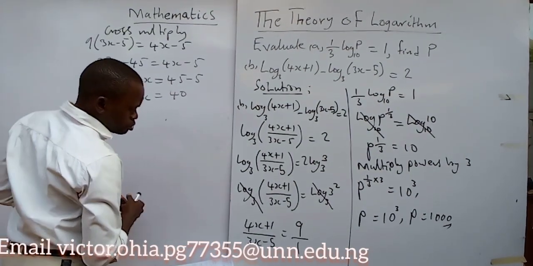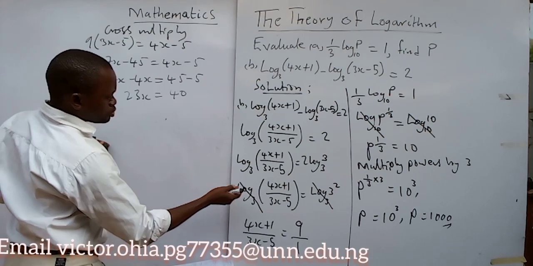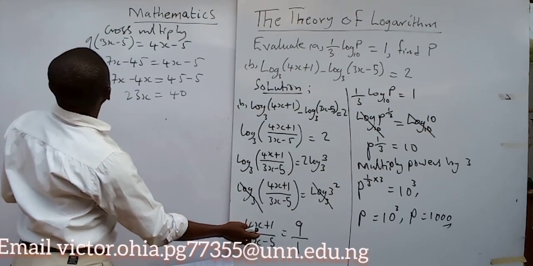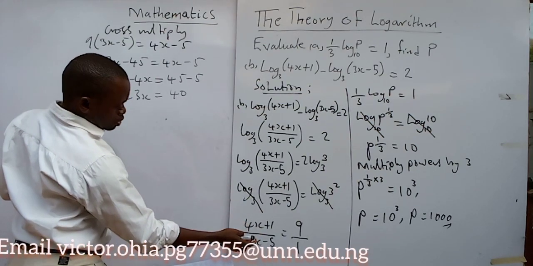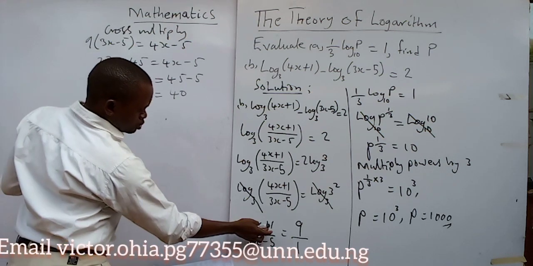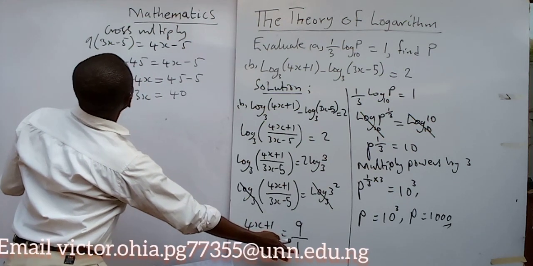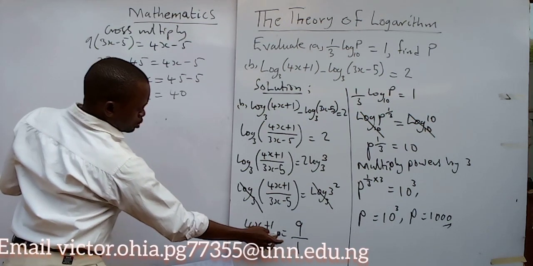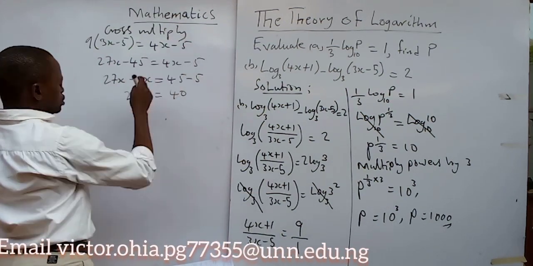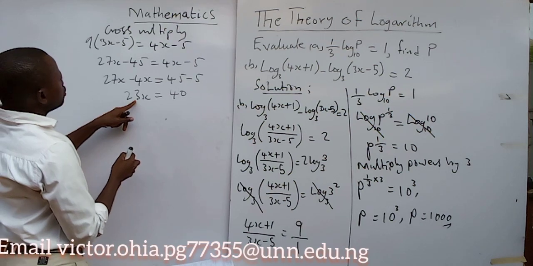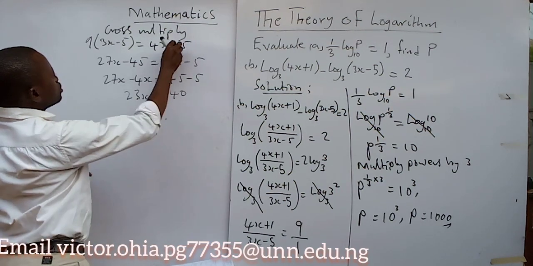Let me be certain with the operations I have carried out. Cross multiplying, where did I get this? I was trying to figure out where this 23x is coming from.